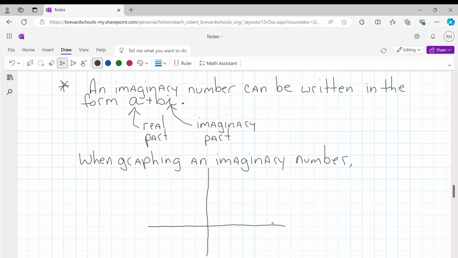But the x-axis is now called the real axis. And the y-axis, the vertical portion, is referred to as the imaginary axis.